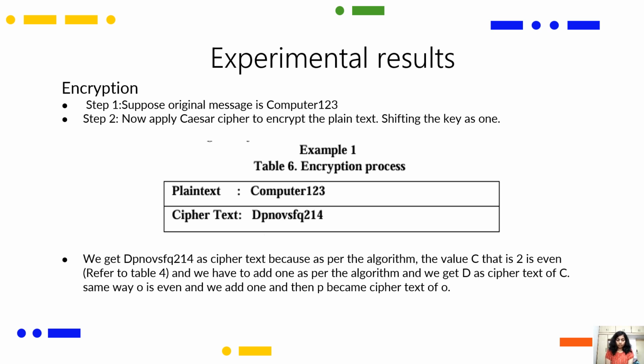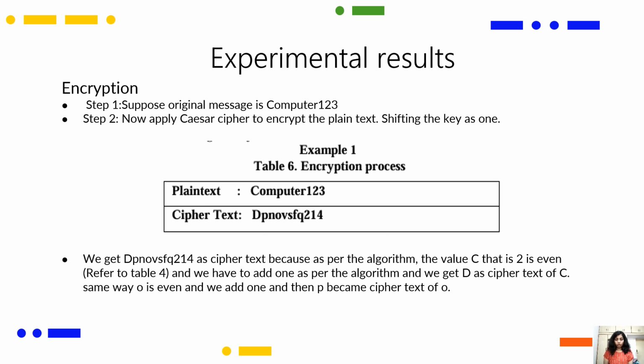For the C, we have D here. After O, we have P here. For M, N; for P, Q; for U, V; and for T, we have S, E, F, R, Q, and the digits 2, 1, 4, 4, 1, 2, 3. So we get this cipher text because as per the algorithm, the C that is 2 is even. Refer to the table; they have mentioned a particular table in the paper.